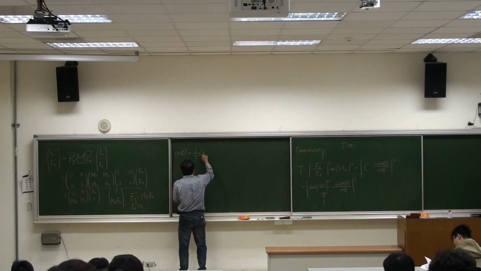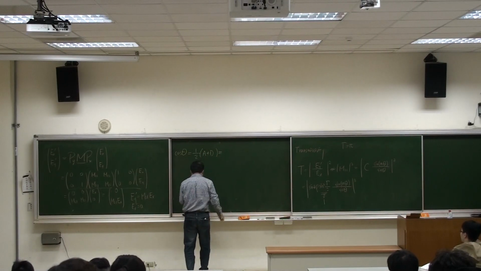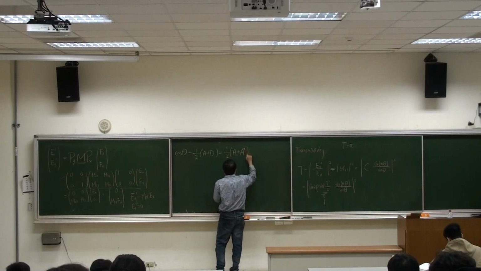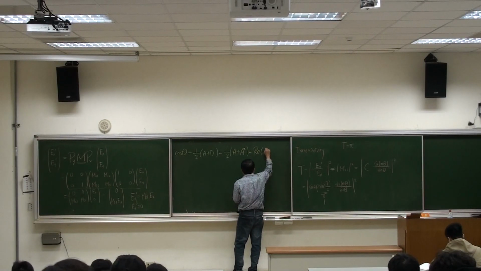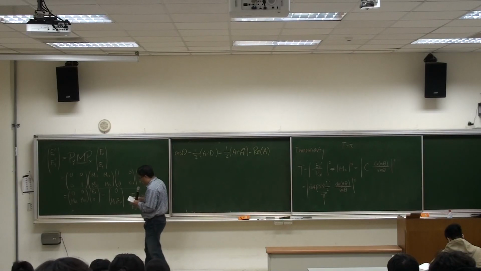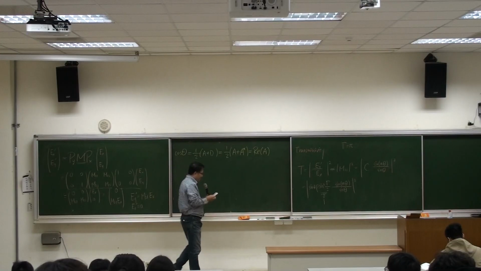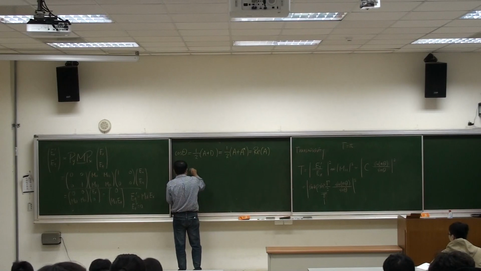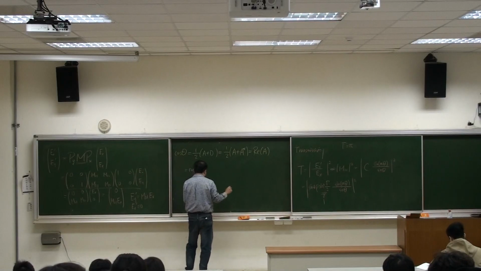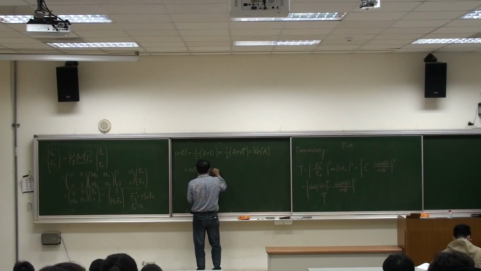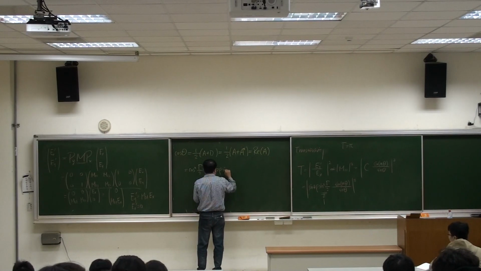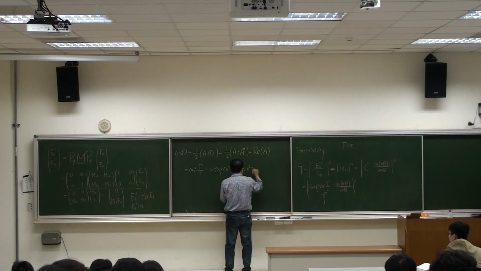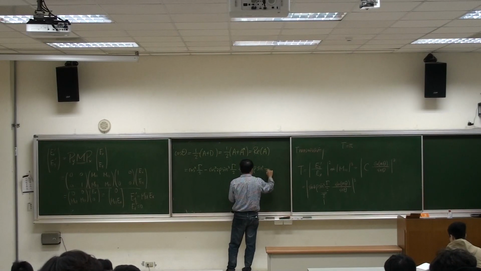Cosine theta is 1/2 A plus D. And since D is the complex conjugate of A, so this is nothing but the real part of A. Then according to the formula listed in the textbook A, you can easily find the real part of A. The real part of A is equal to cosine square half gamma minus cosine square 2 rho sine square half gamma plus sine square 2 rho sine square half gamma.